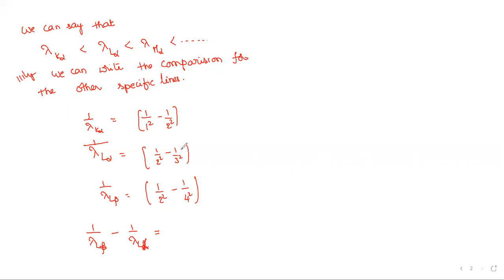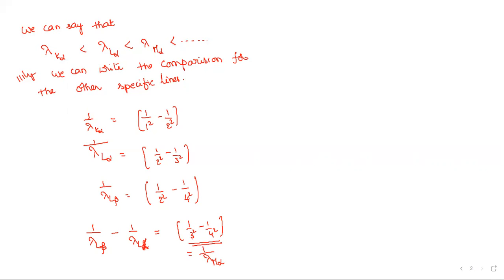Then you will get the same constant into 1 by 3 square minus 1 by 4 square. This is not at all related to K series. Directly you can say this is related to 4 to 3, the M series, M alpha you are actually getting. I think you are following my logic.